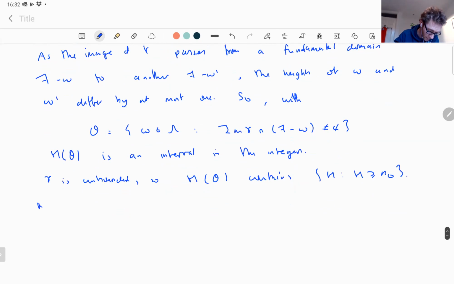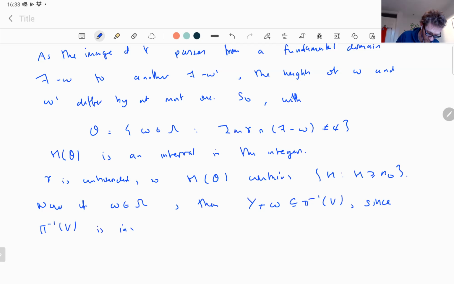Now if I take a lattice point, then, so our variety y is contained in pi inverse of v, but pi inverse of v is invariant under lattice points. So y plus omega is also contained in pi inverse of v, because pi is periodic with respect to omega.